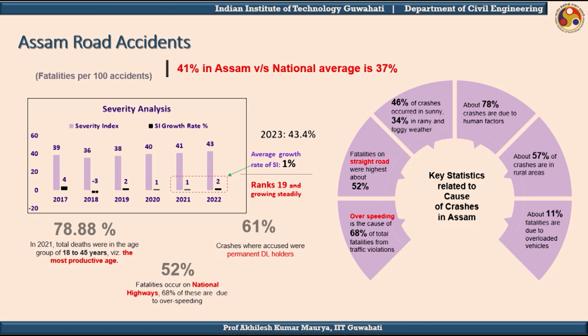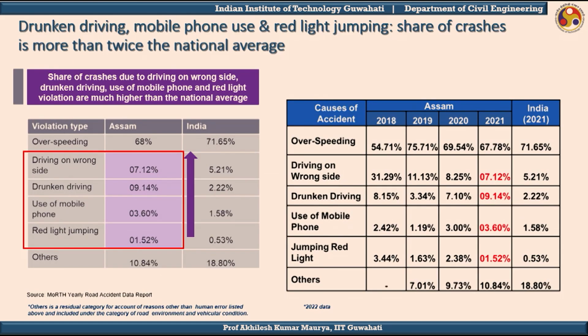In Assam, similar to nationwide, 68% of accidents happen due to over-speeding, on state roads, in sunny weather conditions, and 78% of the time due to human factors. The severity rate is higher than the national average, and it is increasing year by year.